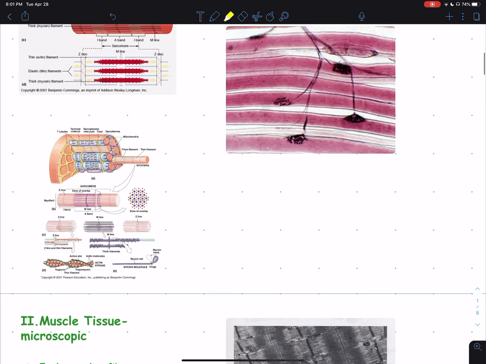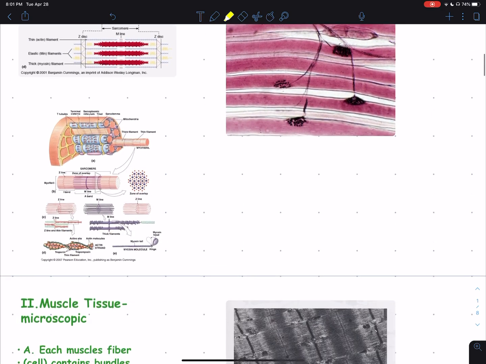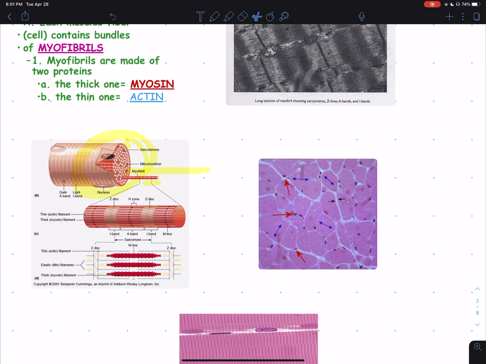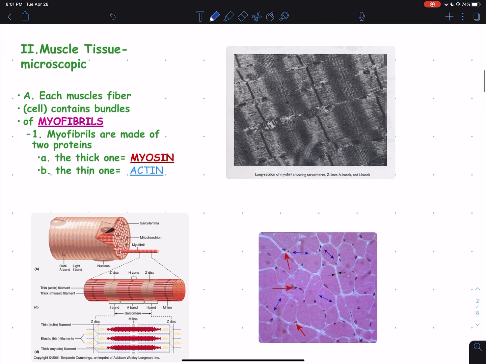Okay, so what we're looking at right here is one muscle cell, and that one muscle cell has many, many myofibrils.